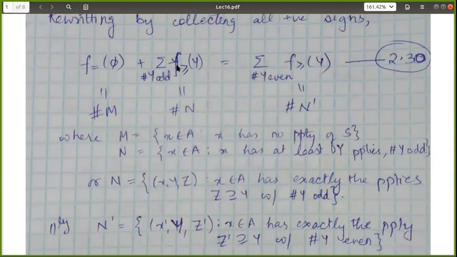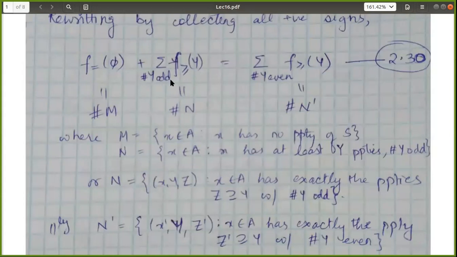N's cardinality is this. So N is the set of all those objects which have at least the properties in Y, and Y should be of odd size.